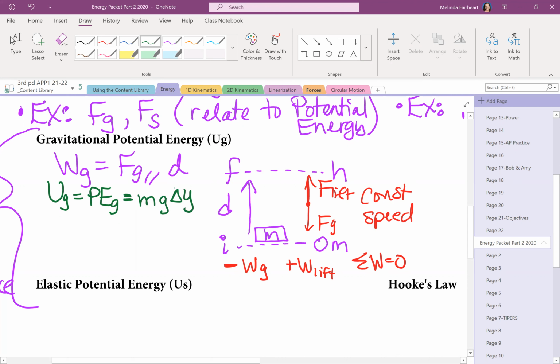Delta y can be a distance traveled in the vertical direction, right? Change in vertical displacement. AKA, by the way, some people actually don't use delta y, AP does, but you'll even see me use mgh, height. There's a height change, right? You travel a particular height.